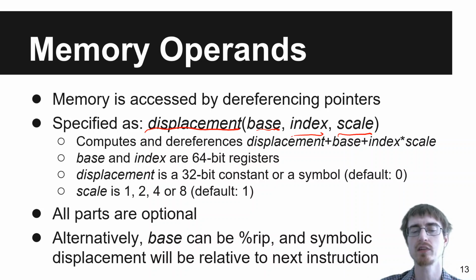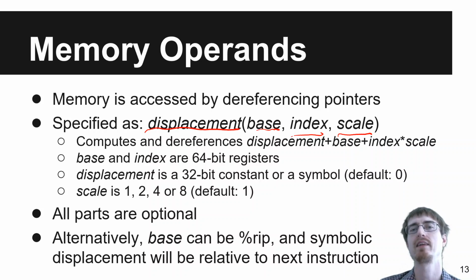Now, all these parts are optional, and there's another variation that is possible. So the base register can be RIP. Normally only the general purpose registers and the stack pointer and base pointer are allowed, but RIP is also allowed as a base. In this case, the symbolic displacement, so if you put a symbol as a displacement, is made relative.